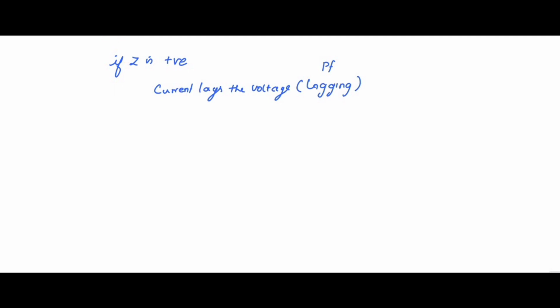So you have to remember this one, CIVIL. What is CIVIL? In a capacitor, the C, current, I means current, leads the voltage.